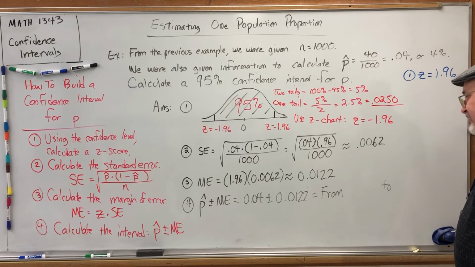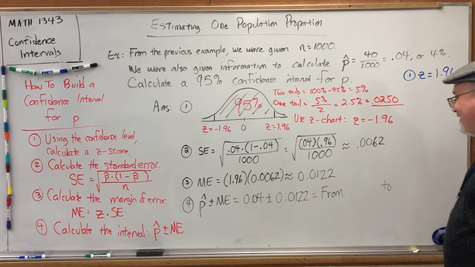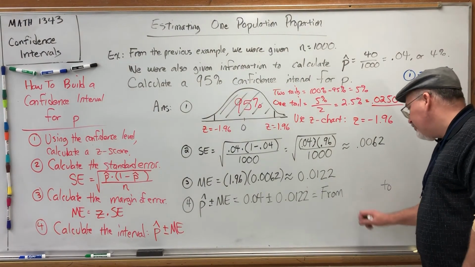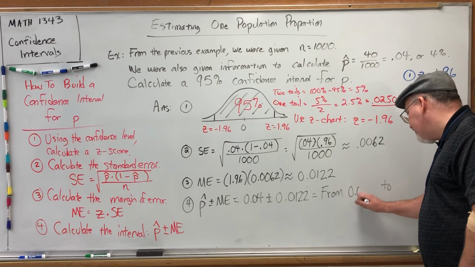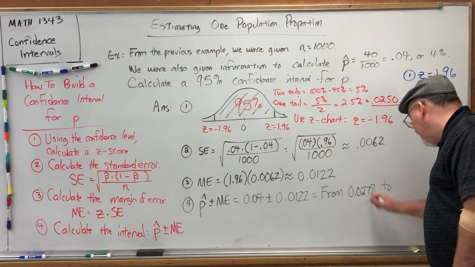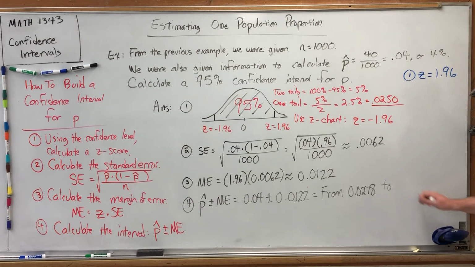If we subtract 0.04 minus 0.0122, we'll get 0.0278. And if we add instead, we get 0.0522.